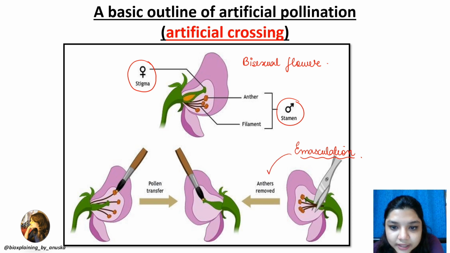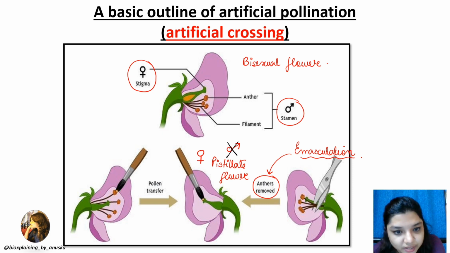Emasculation means that the anthers are being removed from the flower. So now what do you have left? What you have left is a pistillate flower. So what is a pistillate flower? A pistillate flower is one which only has the female part. The male part of the flower has already been taken out. No male part is present.